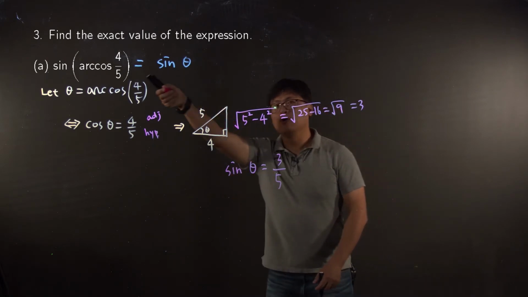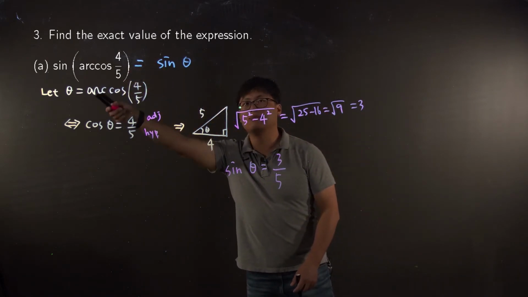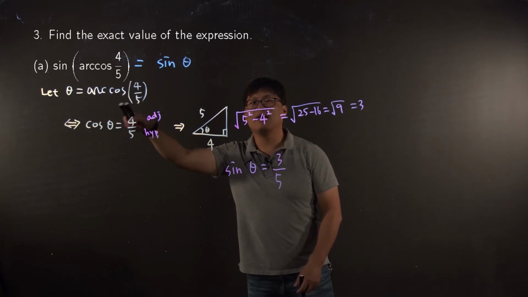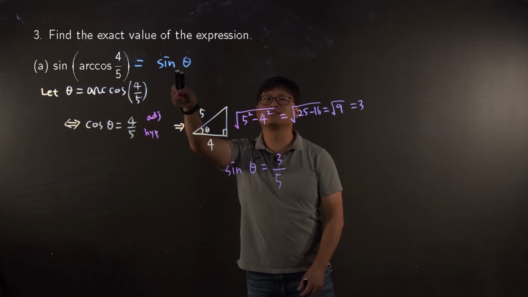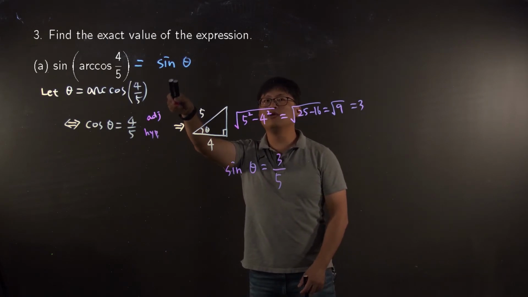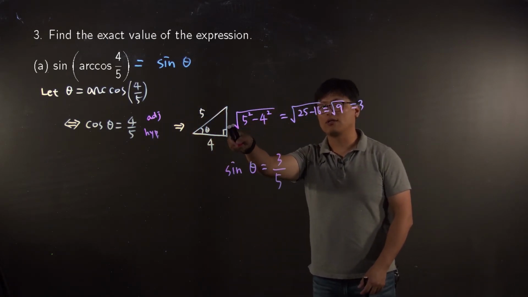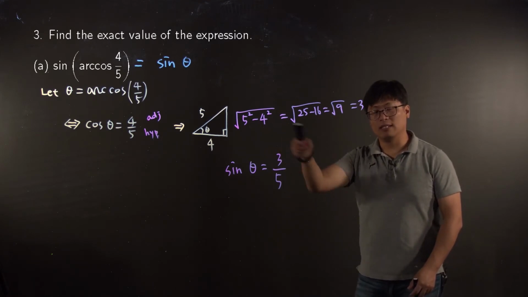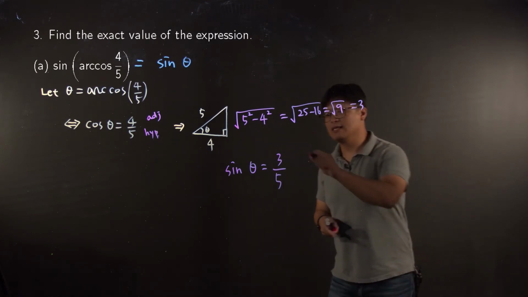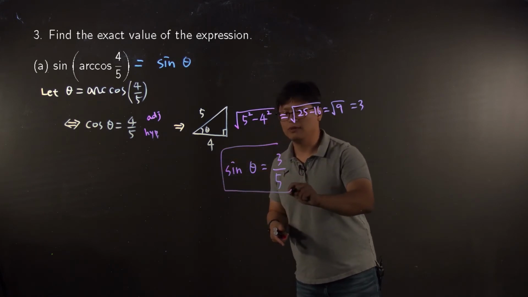The original problem was a little complicated, but by defining theta as arc cosine 4/5, I changed my problem into sine theta. We found the correct triangle, then found sine theta from this right triangle, and that is the correct answer for this problem.